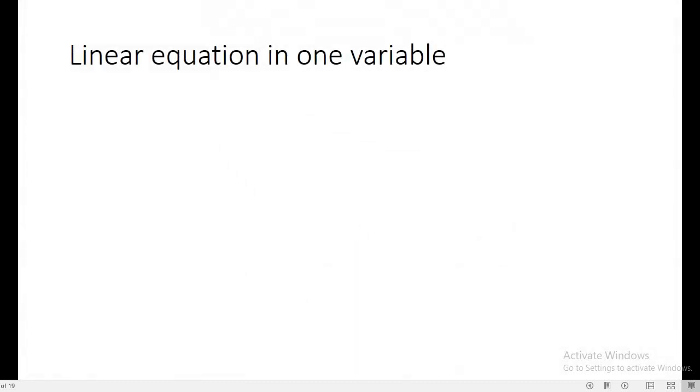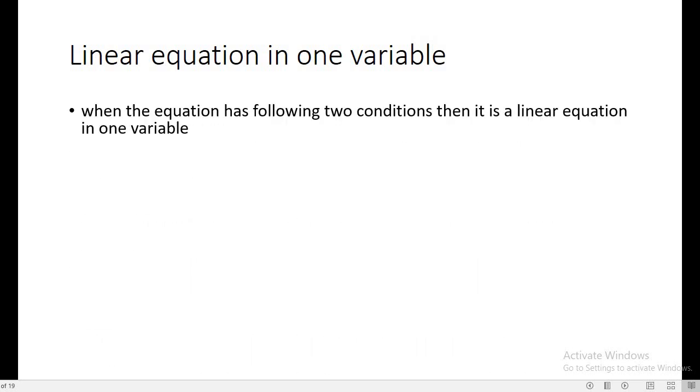Now let us understand what is linear equation in one variable. When an equation has the following two conditions, then it is a linear equation in one variable. As the name suggests, one variable, so the equation must have only one variable.